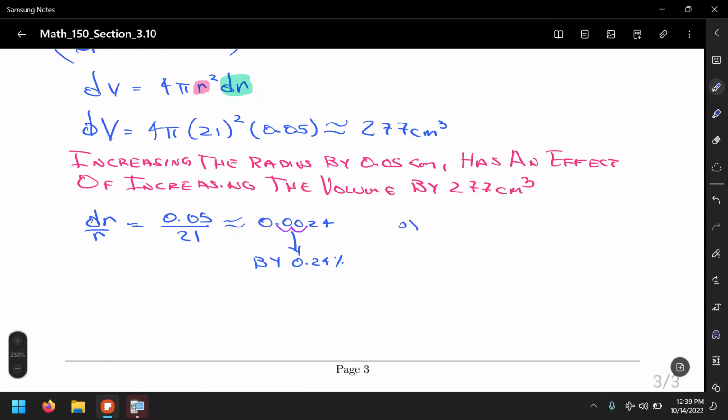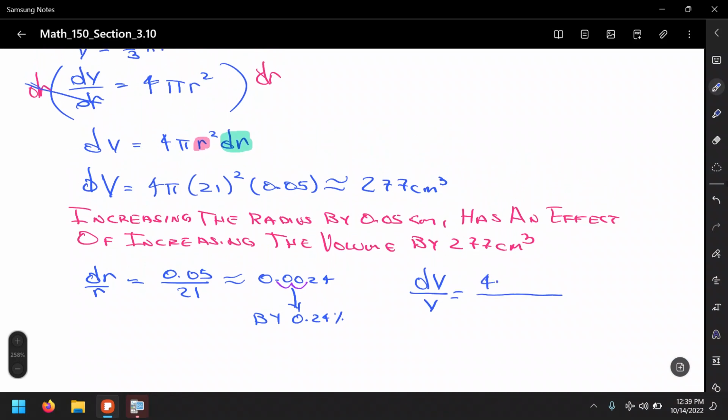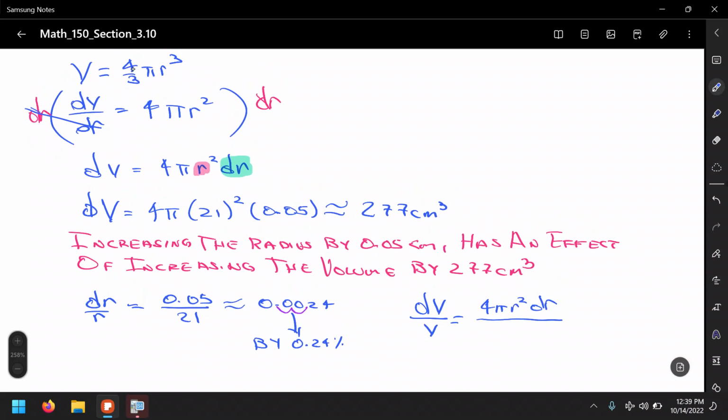Now, what about the volume? So what about dV over the total volume? In this case, this would imply to calculate dV, which we already have, and divide by the calculation of the total volume, but I don't want to plug in values and simplify. So here's what I'm going to do. I'm going to write the expression for dV in the numerator, which is 4 pi r squared dr, and divide this by the volume of the sphere, which is 4/3 pi r cubed.